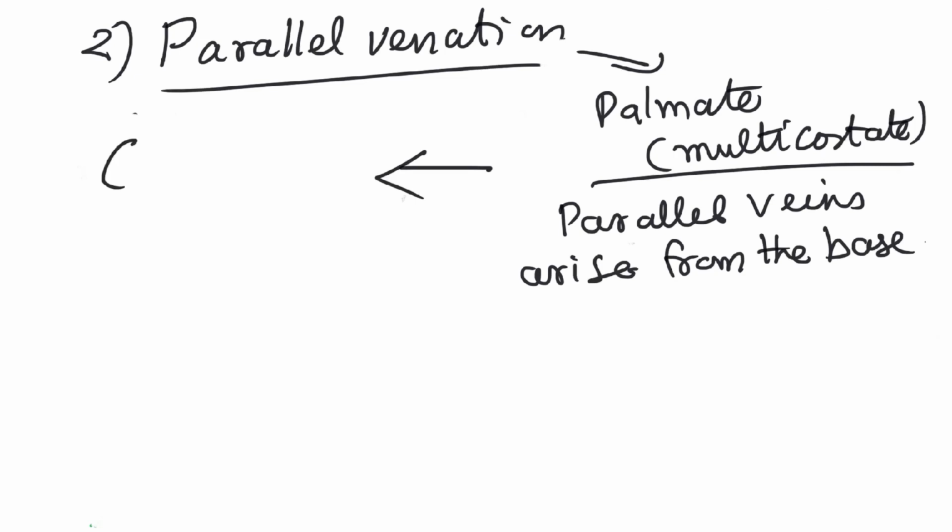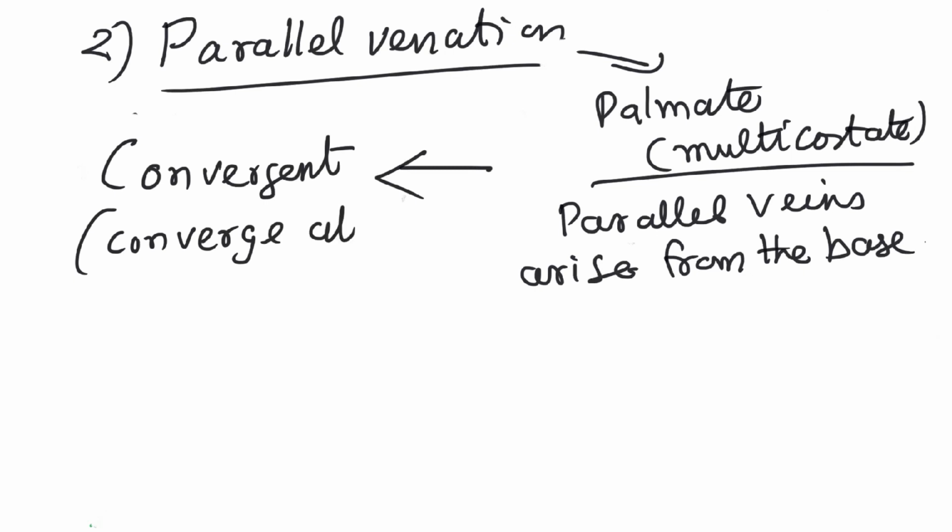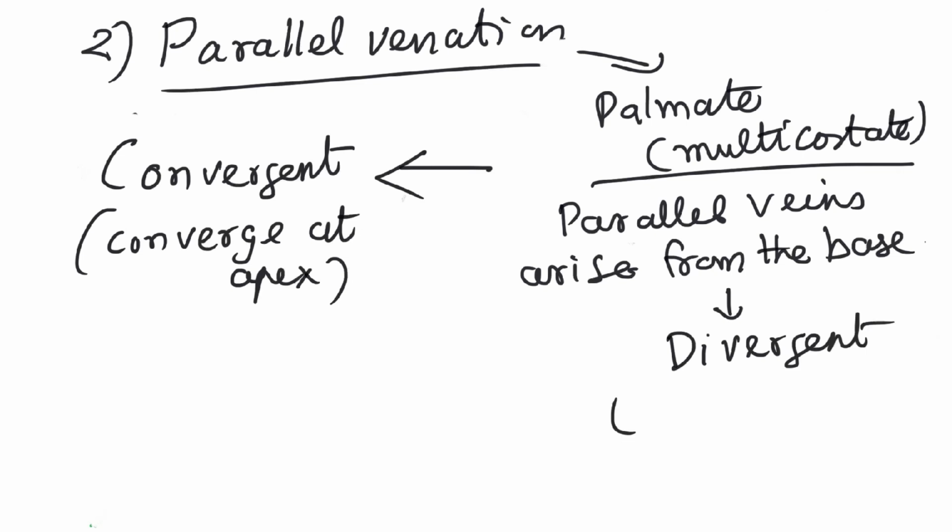Now, what about palmate? Palmate, interestingly, has two subdivisions which are quite self-explanatory, and that is convergent and divergent. Naturally, palmate or multicostate means we have multiple parallel veins arising from the base, and if these veins converge at the apex, so reach towards the tip of the leaf blade or lamina, and converge there, it's convergent.